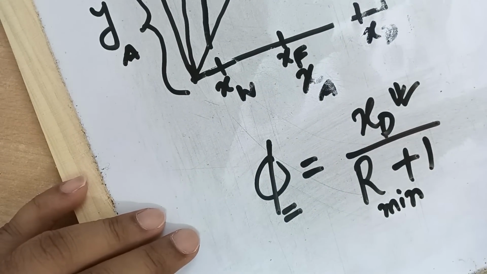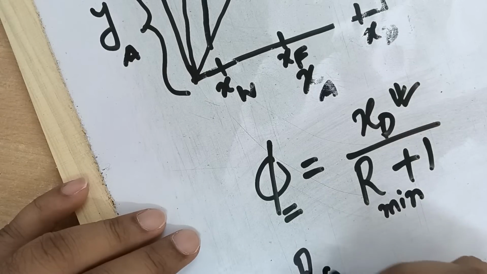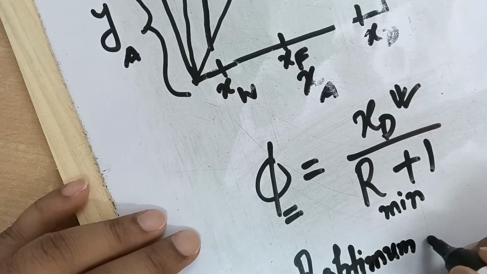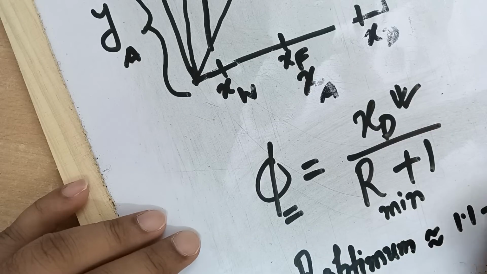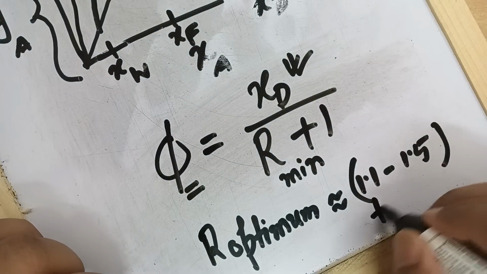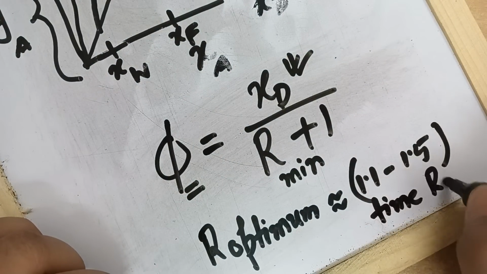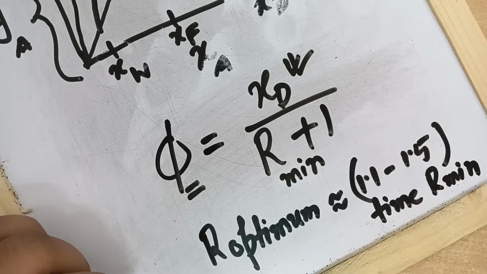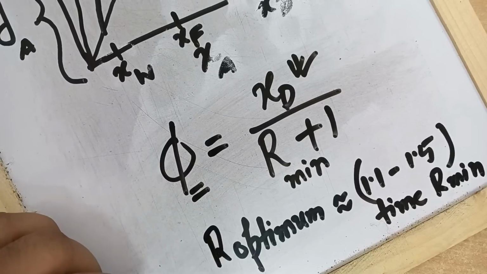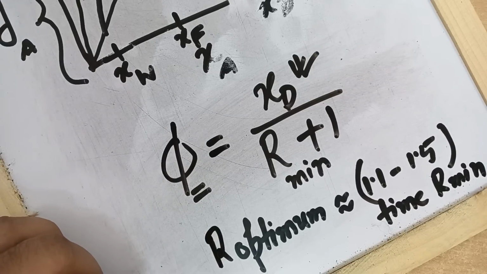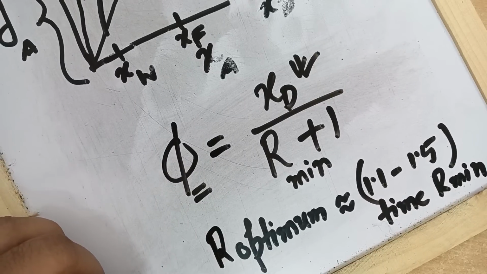Once you have R minimum, R optimum can easily be figured out. As per the thumb rule, it is 1.1 to 1.5 times R minimum. So you can find the actual reflux ratio and then move on to find the number of stages for a given separation using the McCabe-Thiele method.